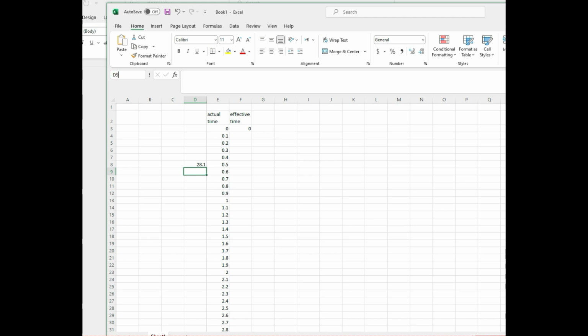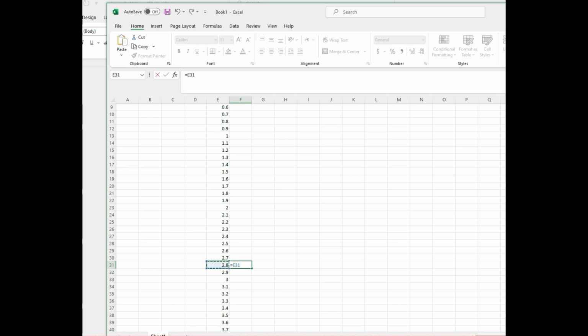So we'll go here, 28. Now here 2.81. See that from here we will start saying my effective time equals the actual time but minus 2.81.